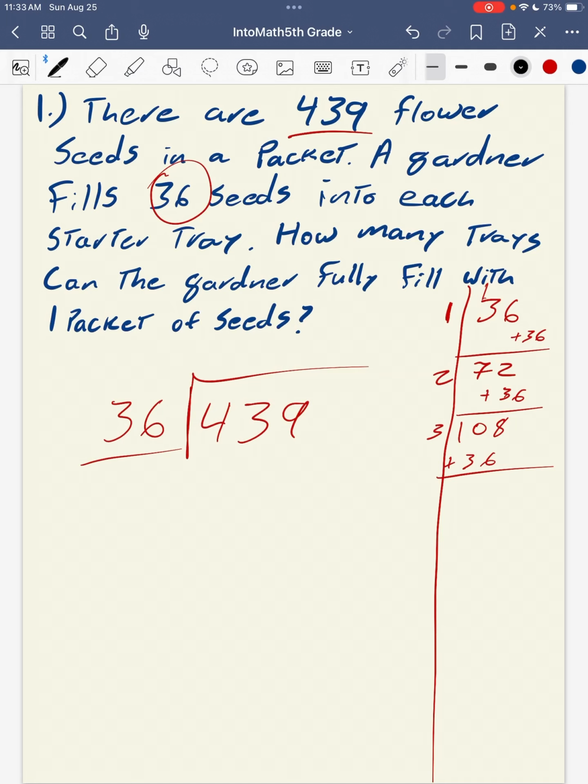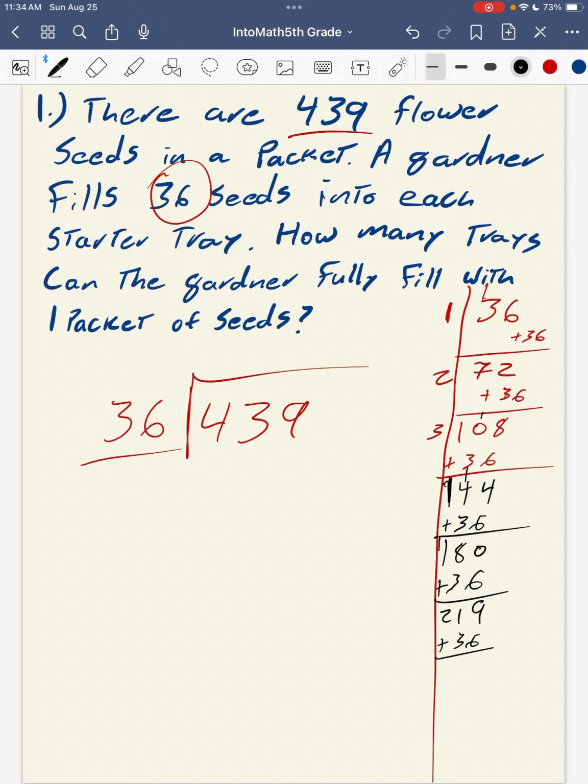It's better to take the time early on to find our partial products. 108 plus 36, 144. Plus 36, 180. Plus 36.